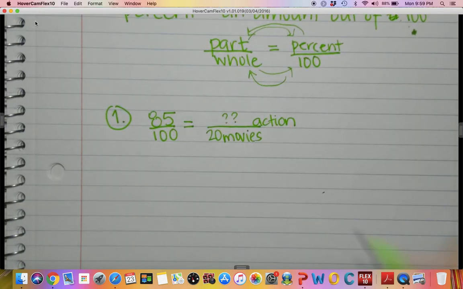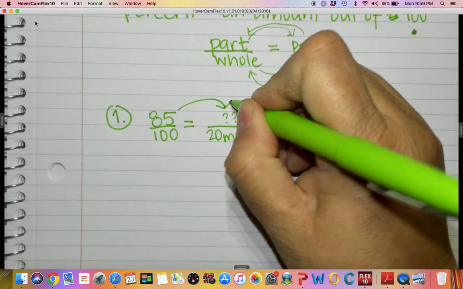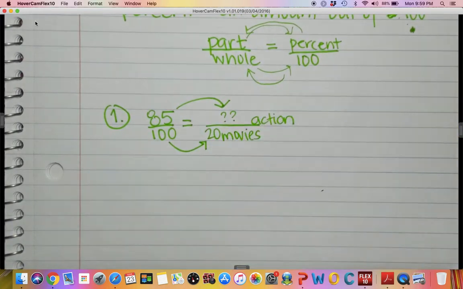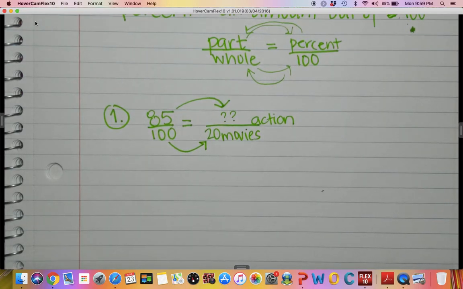So, I've got to think about this. What do I do to 85 to get the action? What do I do to 100 to get 20? I know that 100 is bigger than 20, so I'm going to go ahead and do division instead of multiplication.